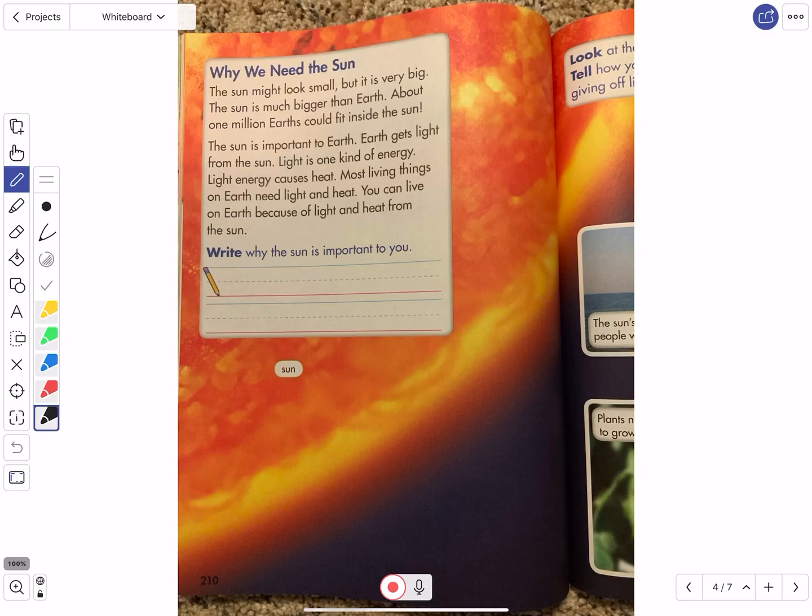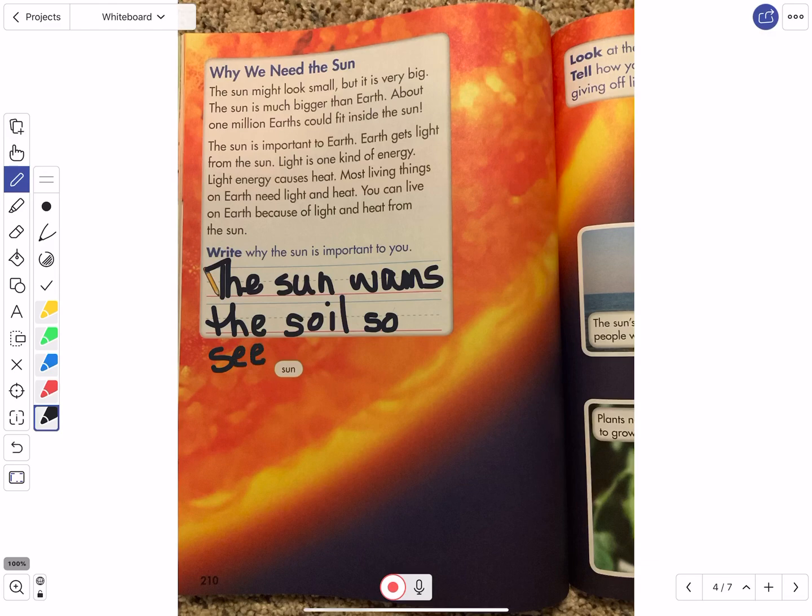So what is a reason that the sun is important to you? Mine is the sun warms the soil so seeds can sprout. And that's really important to me right now because I am in the middle of gardening.